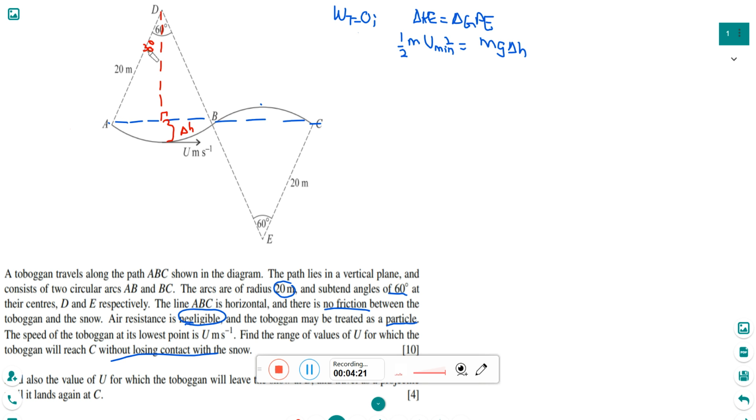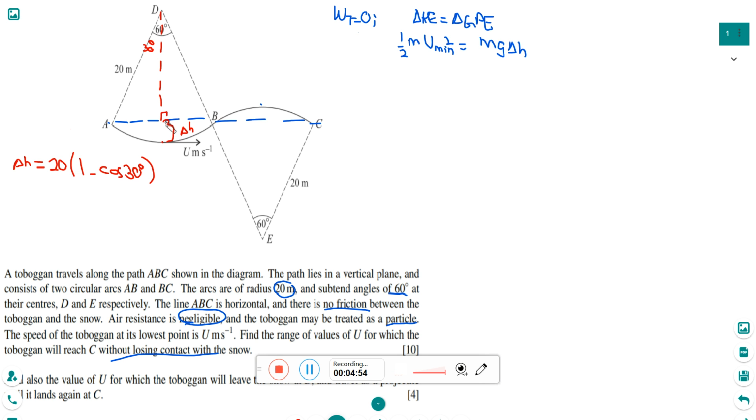All of this is the radius, so at the lowest point it is 20 meters, so delta H is equal to 20 times big bracket 1 minus cosine 30 degrees. It's simple trigonometry.